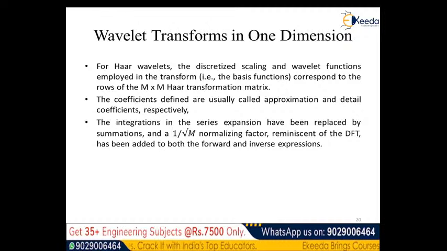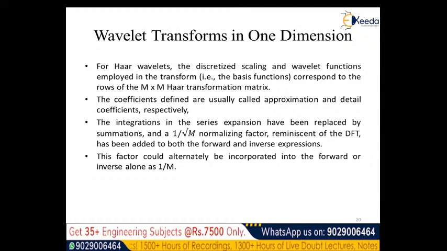And one more change has occurred: the normalization factor 1 upon under root m, reminiscent of the DFT, has been added to both the forward and inverse expressions, and this factor could alternatively be incorporated into the forward or inverse alone as 1 upon m.